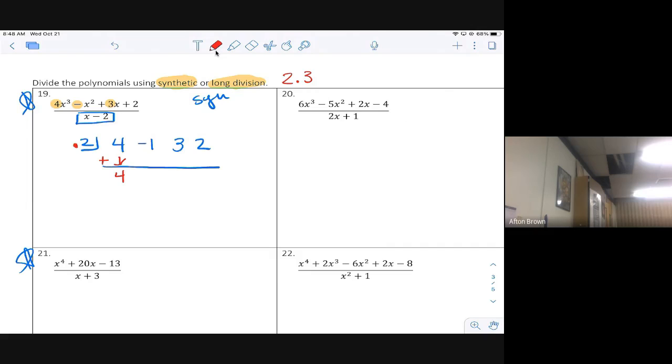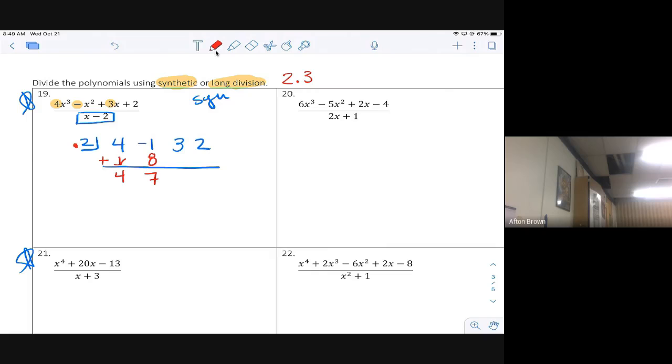And then we're gonna start our multiplying. So 2 times 4, I'm gonna go up, is 8. Then I'm just gonna keep my adding going. So we get a 7, right? -1 plus 8.